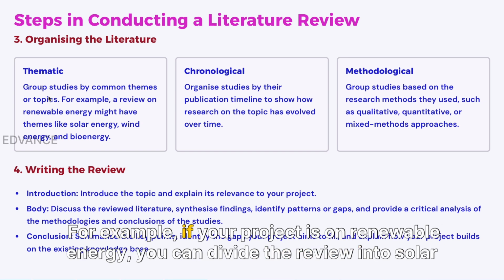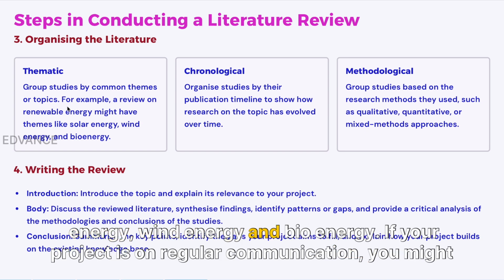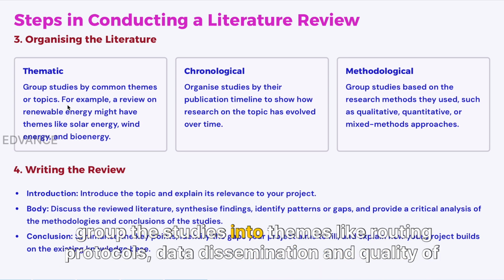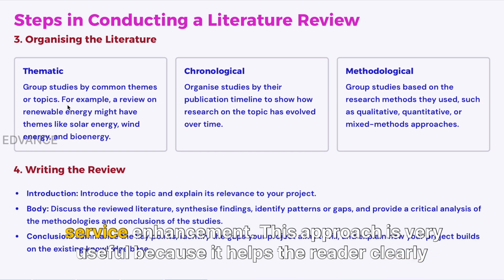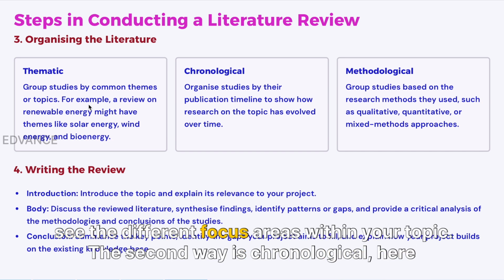For example, if your project is on renewable energy, you can divide the review into solar energy, wind energy, and bioenergy. If your project is on vehicular communication, you might group the studies into themes like routing protocols, data dissemination, and quality of service enhancement. This approach is very useful because it helps the reader clearly see the different focus areas within your topic.